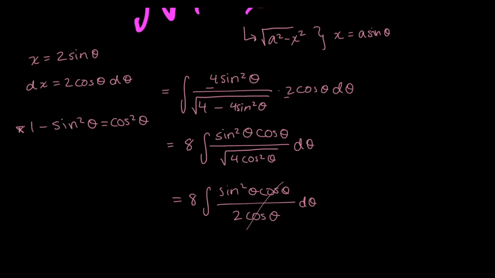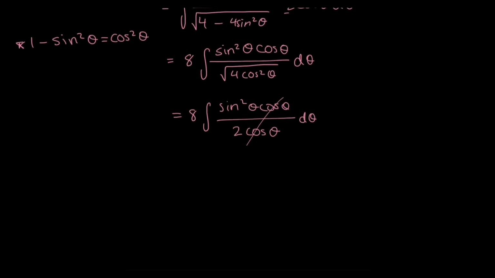Now that I have all of that, I could do some more simplifying. Those 2 cosines get rid of each other, and then I have that 1/2 that I could also pull out of the integral because it's just a constant, so that my 8 is reduced to a 4, and all I have left to integrate is sine squared theta d theta. Now to integrate this, I will be using the half angle identity, so that I have 4 times 1 minus cosine 2 theta over 2.